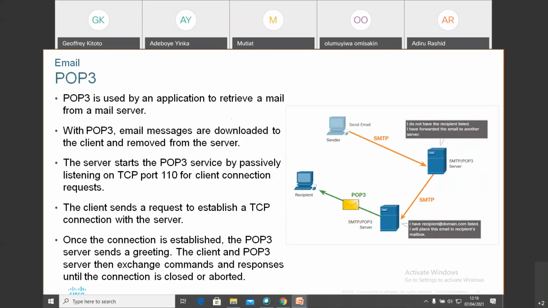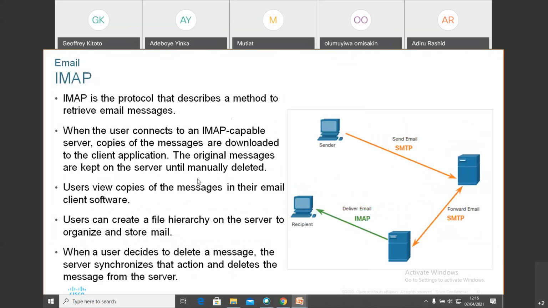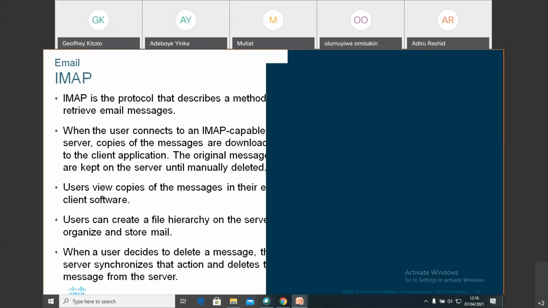Whatever traces remain on the server will be removed automatically as long as it has been delivered into your email. So it creates space for other incoming emails, unlike IMAP where you have to remove them one by one manually. That's the main difference between POP and IMAP.